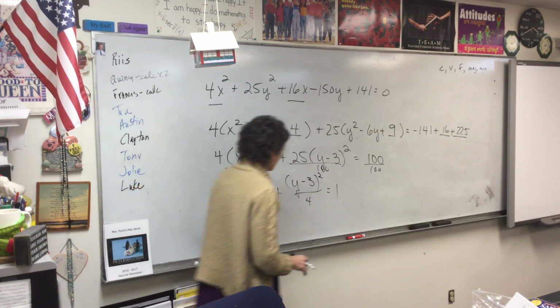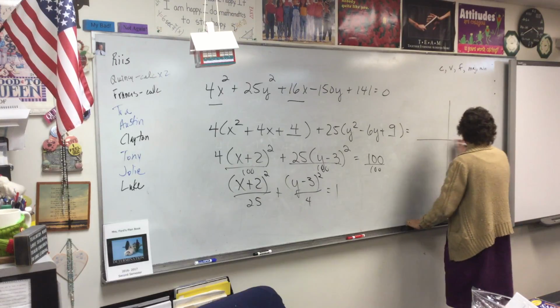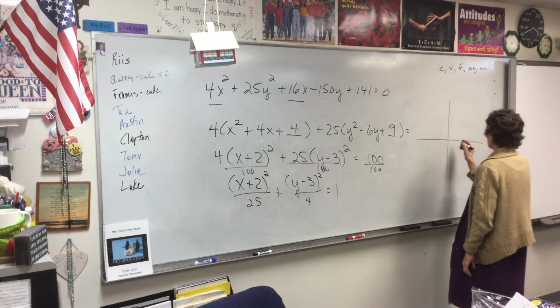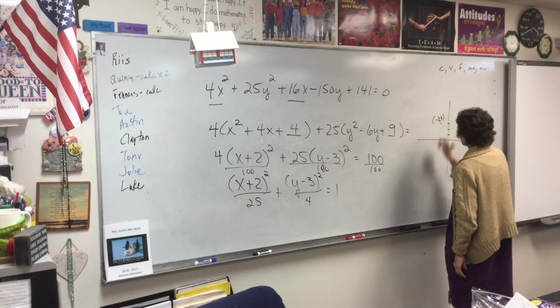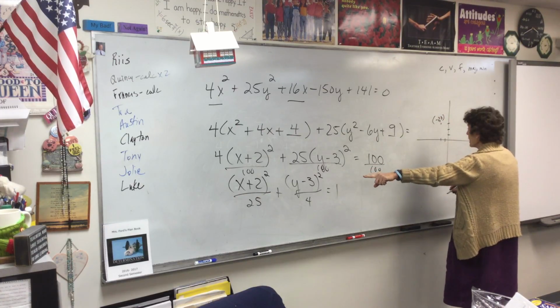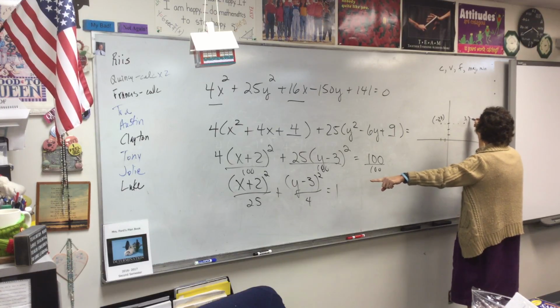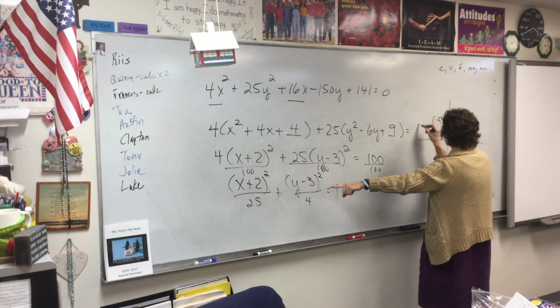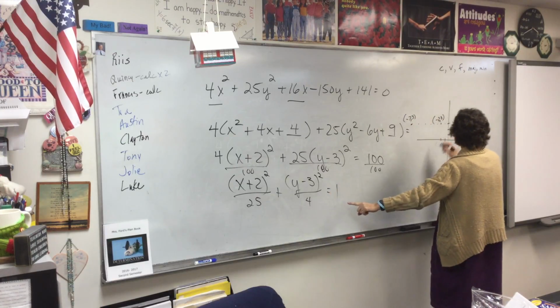All right, so here we go. Where's our center? Our center is at negative 2, 3. I'm going sideways 5, and up and down 2.